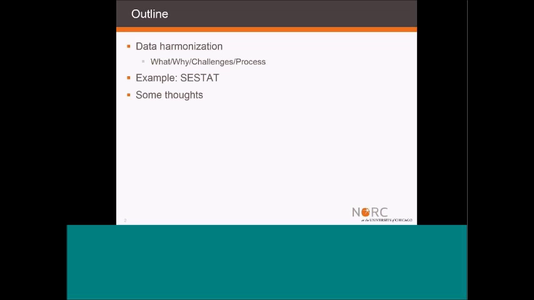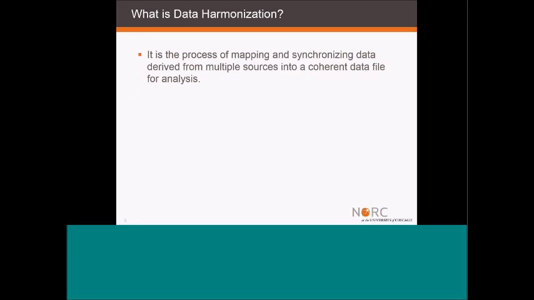Specifically, I'd like to give an example, the project I have been working on for many years for National Science Foundation, my NSF colleagues here. As I said, data harmonization ultimately is to get one unified file based on multiple sources, coherent, in a way that you can do analysis and also produce data products.